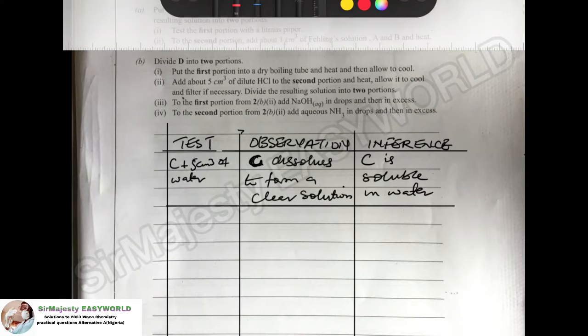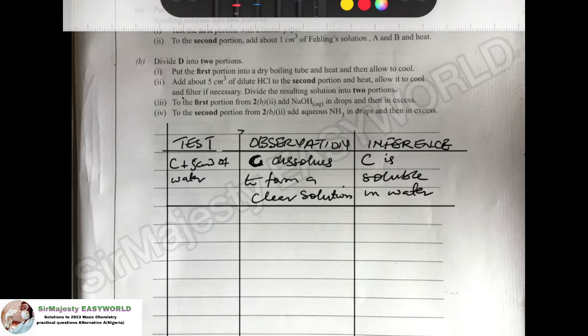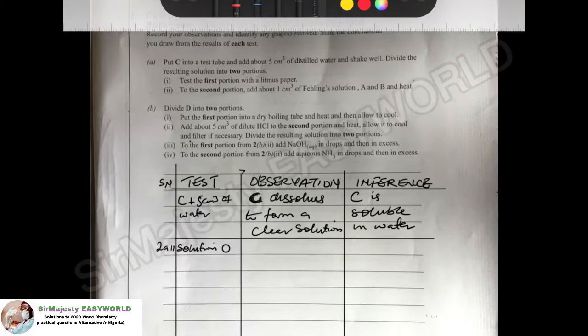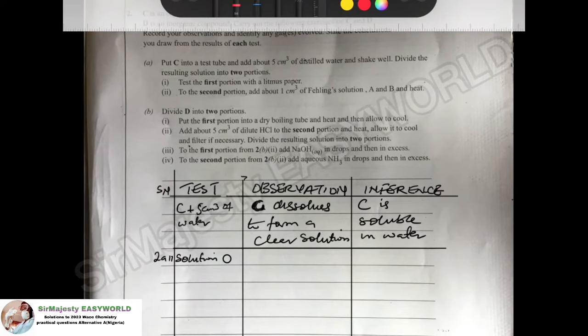So we go to the major thing. You number it. That is 2AI, if I'm correct. Here should be your serial number, of course. 2AI, you just write solution C. They say divide into 2 portions, which means you're going to write first portion of solution C plus litmus.